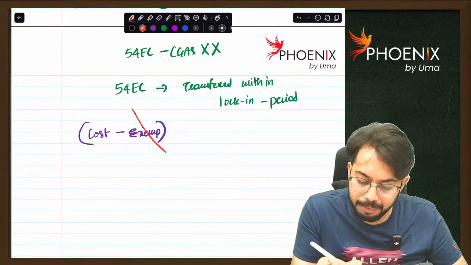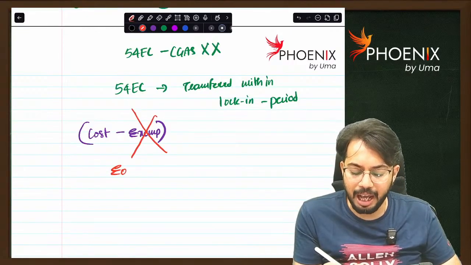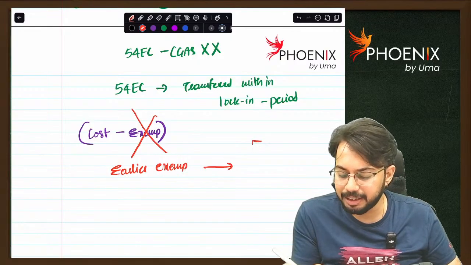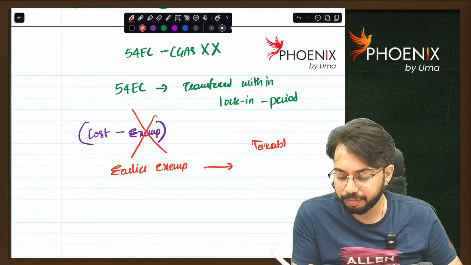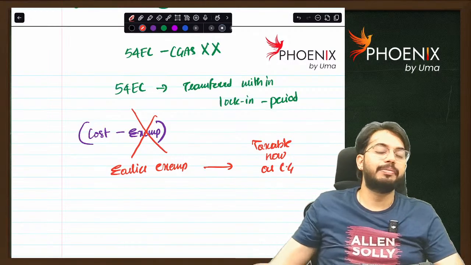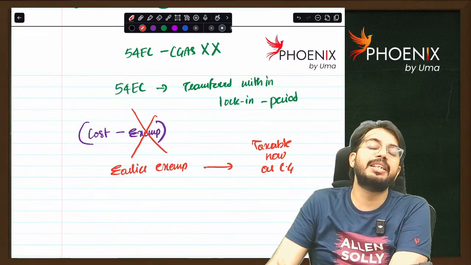This concept is not applicable. Whatever the earlier exemption is there, that is taxable now as capital gain. Are you able to understand? So that is the difference.